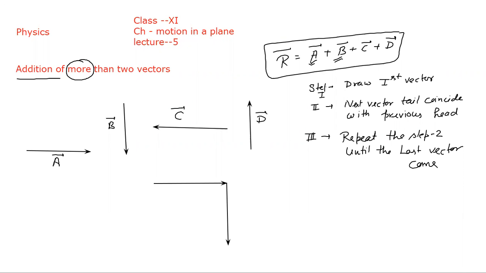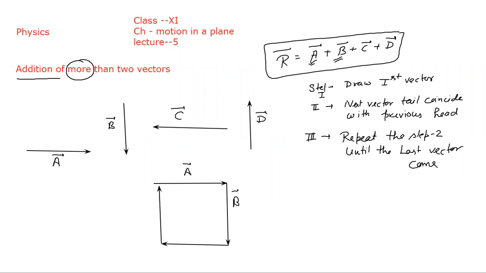So this is vector A. Now we want to add C. So C's tail coincides with the previous head. So the C vector is in this way. Okay, so C vector is clear. Now the D vector. D's tail coincides with the previous head.